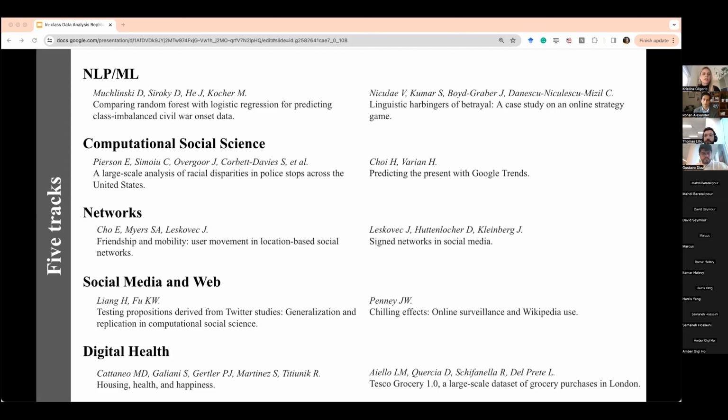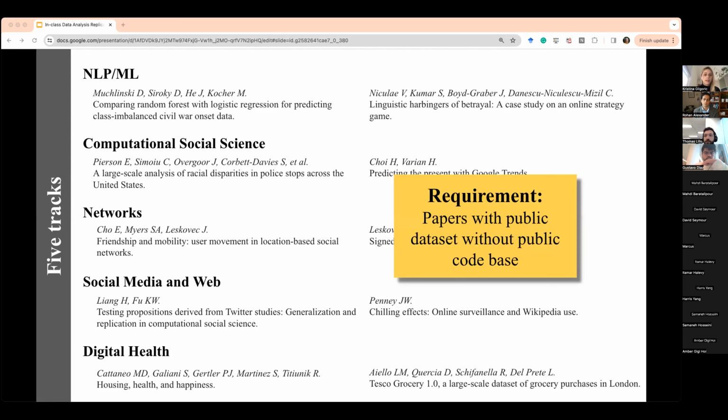We also wanted to have a variety of covered topics, and it was also important that there is data available, but that to the best of our knowledge, there is no publicly available code. Because it was important that students write their own code and do the replication from scratch instead of being able to see the authors' code.